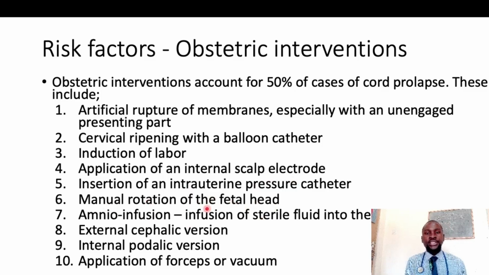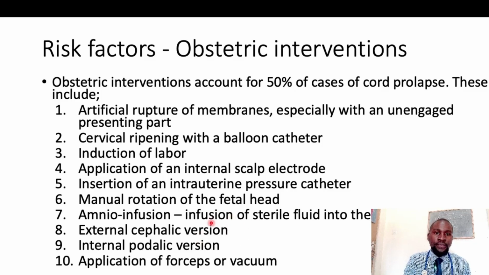Amnioinfusion is where you infuse sterile saline into the amniotic fluid. That will expand the volume of the amniotic fluid, and it can easily lead to dislodging of the presenting part. External cephalic version and internal podalic version, because this is where you are rotating the baby. Let's say this baby is in breech and you want to rotate. Because of that rotation, the presenting part that was adequately filling the pelvis is dislodged, and the cord can easily prolapse.